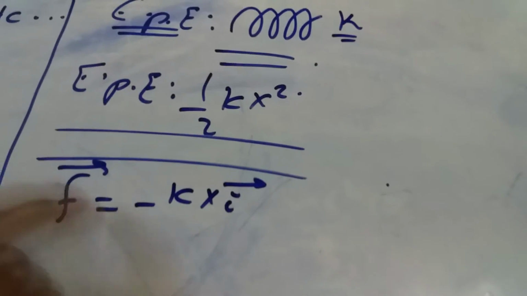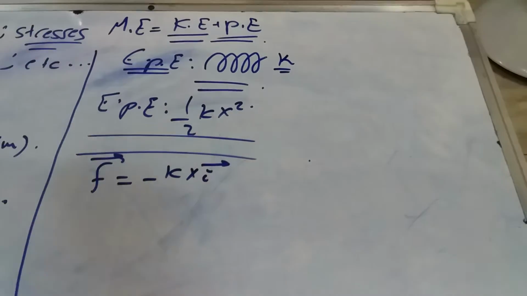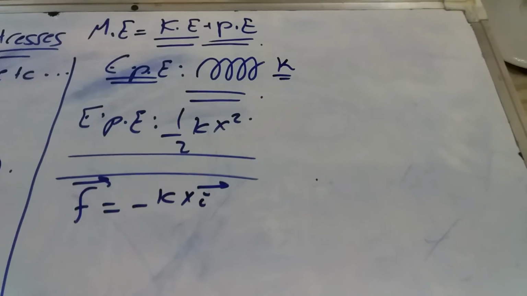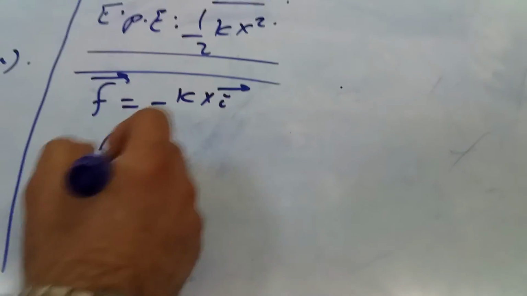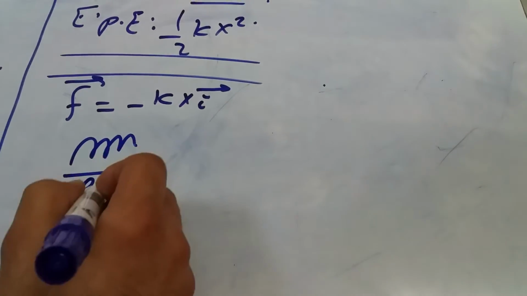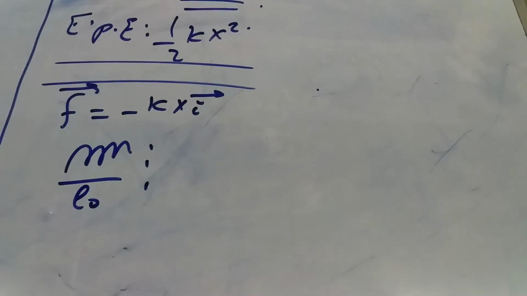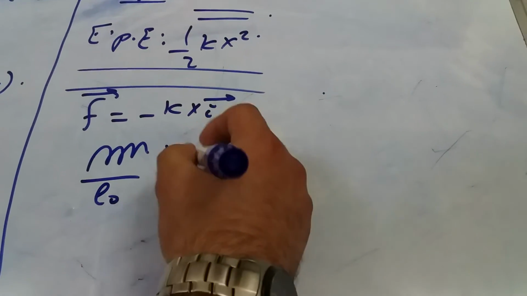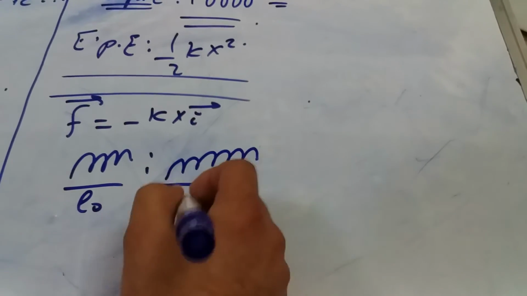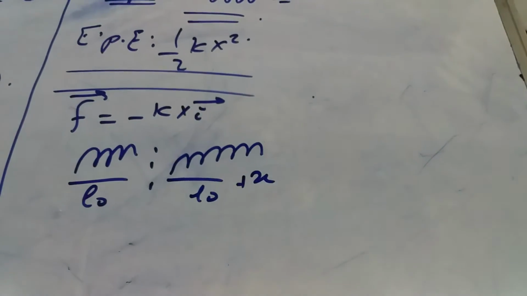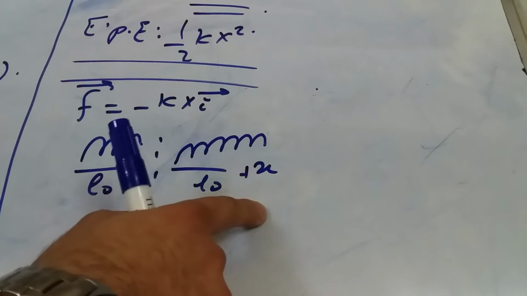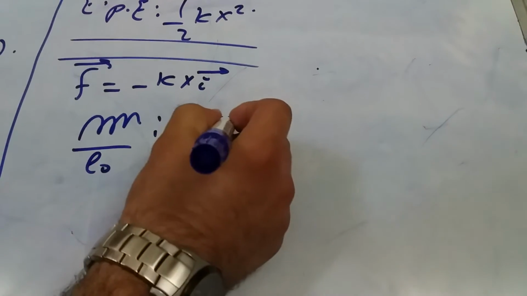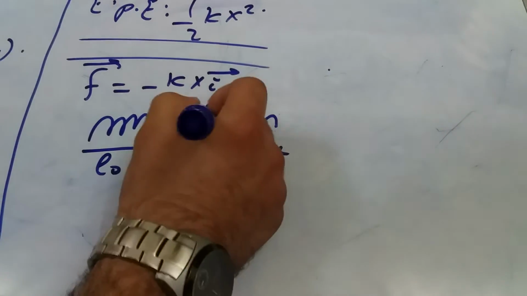The negative sign is here because the tension force of the spring is always against the deformation. If the spring has length L0 and we tend to elongate it by x, the force will act against the deformation.